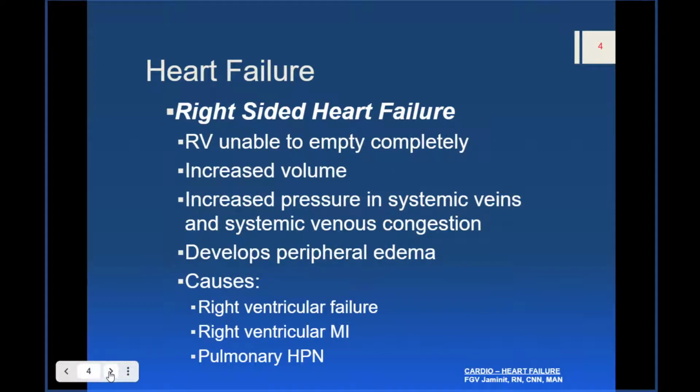When we talk about right side heart failure naman, usually the problem is with the right ventricle and unable to empty completely. Remember that in every ejection of the heart of blood, all of the blood from the specific chamber should be emptied out going to the next chamber.